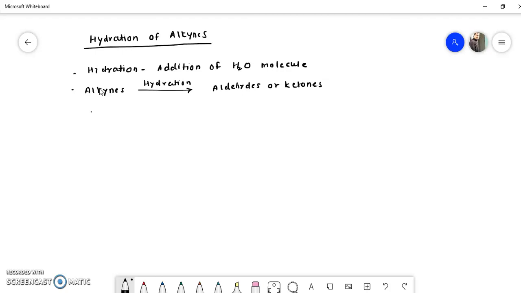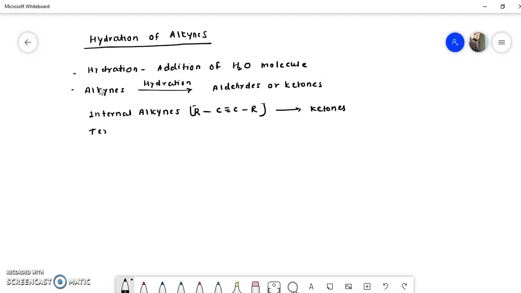So remember that internal alkynes, that means alkynes having the triple bond inside, that is like this. Okay, such kind of alkynes give ketones, remember, on hydration.